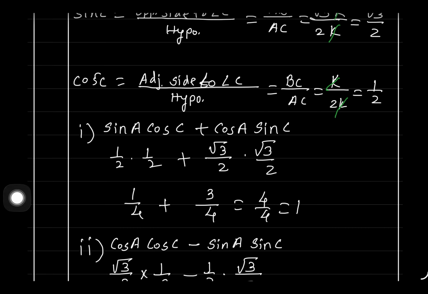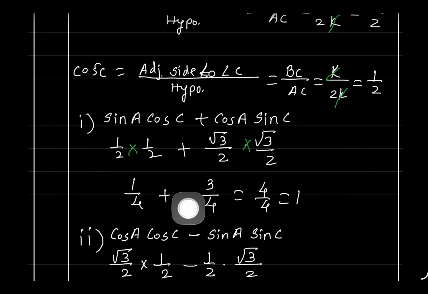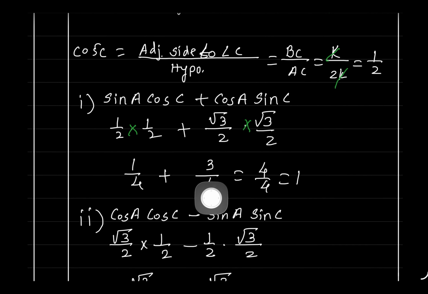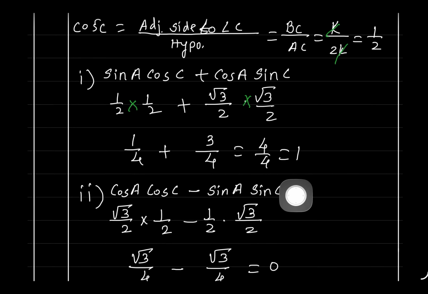The dot means multiplication. You have to multiply both pairs and then add. So 1 into 1 is 1, 2 into 2 is 4, so 1 upon 4, plus root 3 into root 3 is 3, upon 2 into 2 is 4. The denominators are already the same, so 1 plus 3 is 4, and 4 upon 4 equals 1.